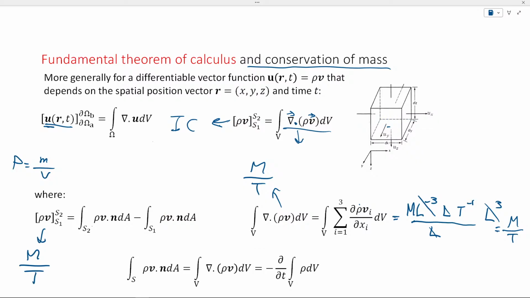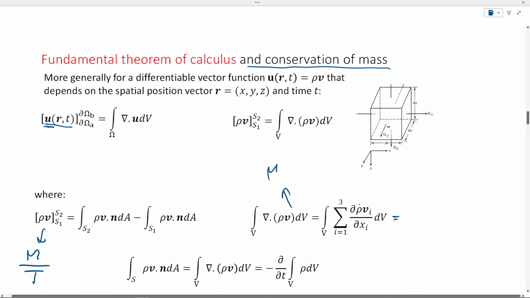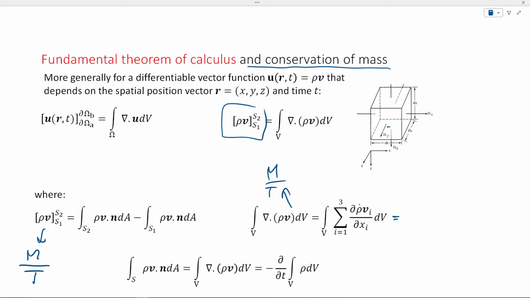So let me delete all this. Let me just tell you here, this is mass over time. What this is telling you basically, the first term here, this guy, is telling you that the net mass flux across the boundary.